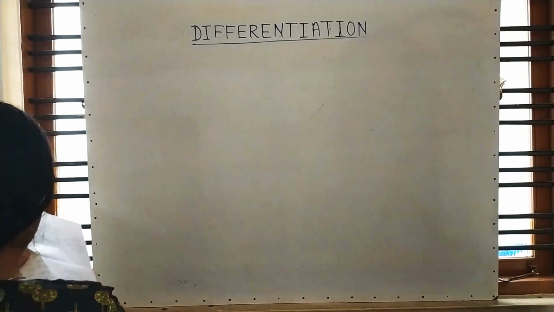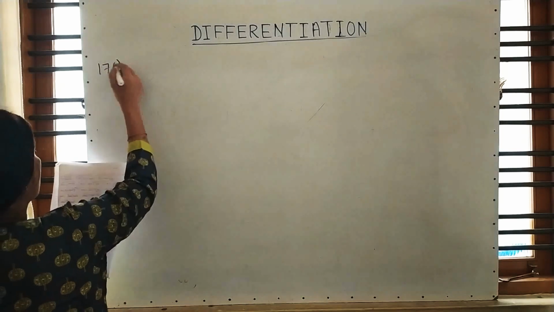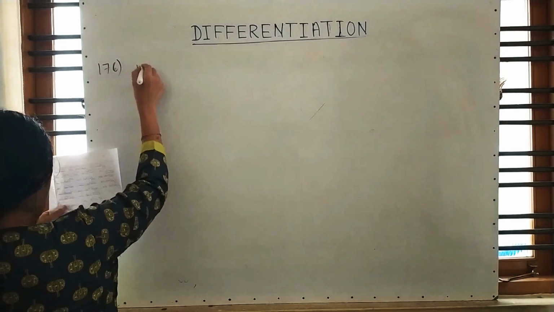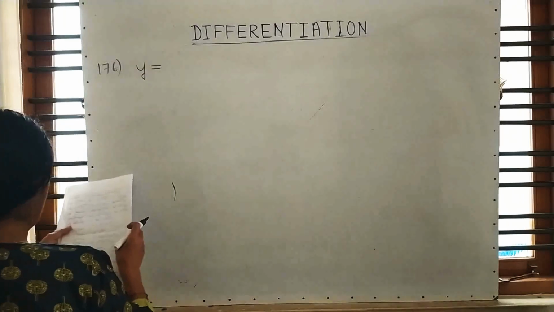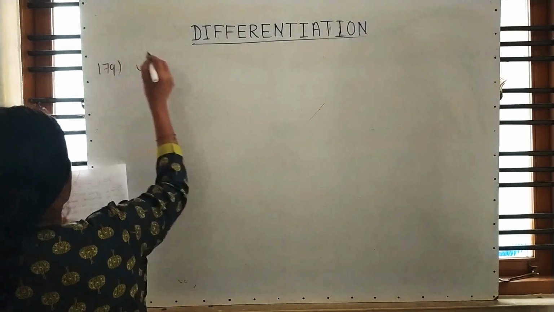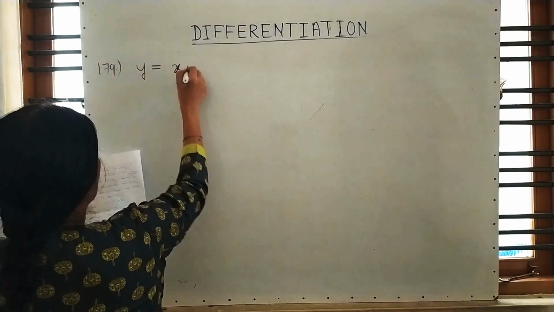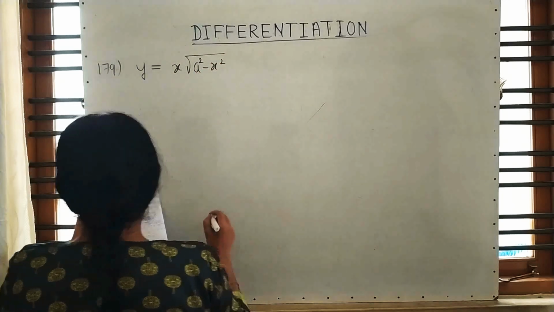Question number 179. Y is equal to x into root of a square minus x square.